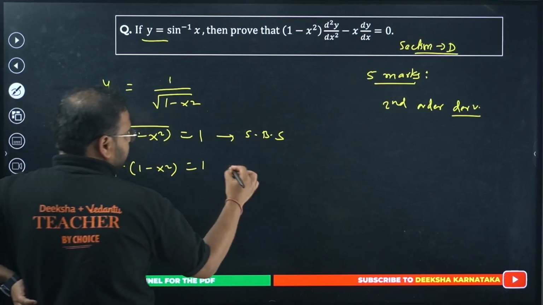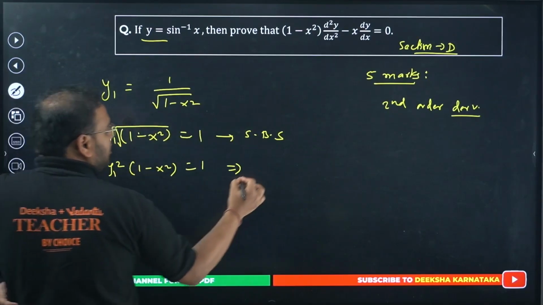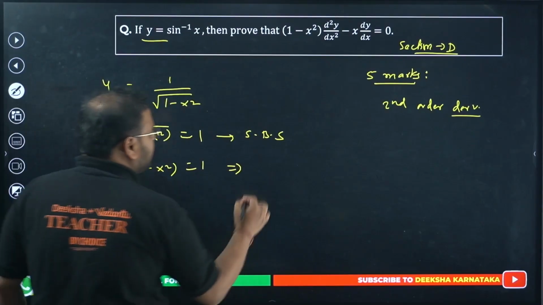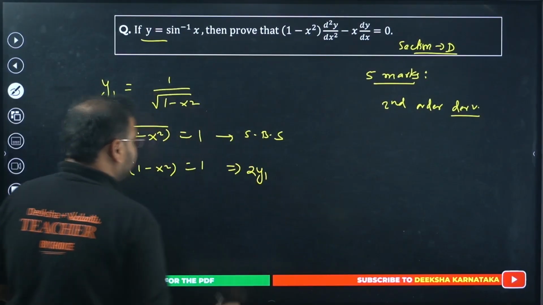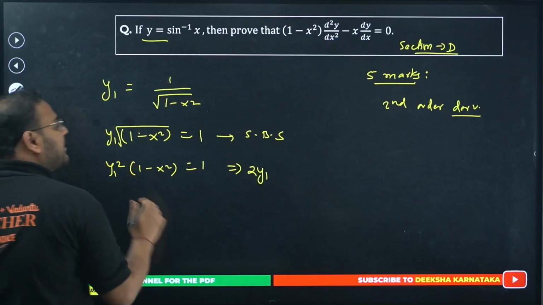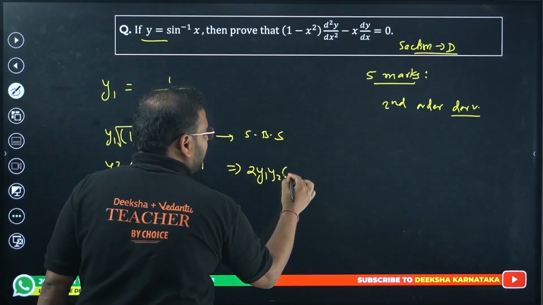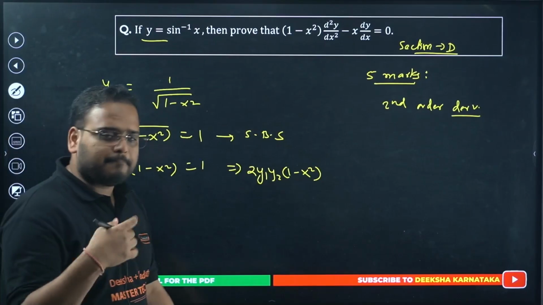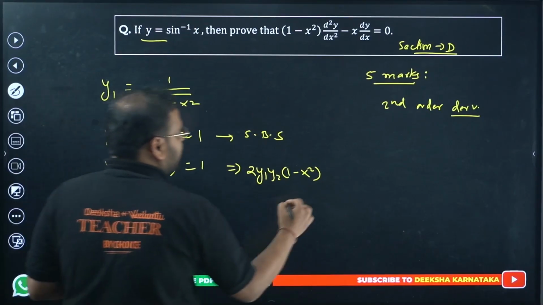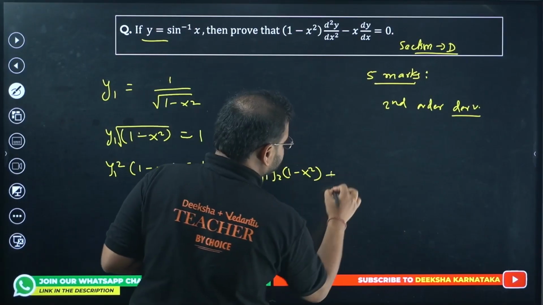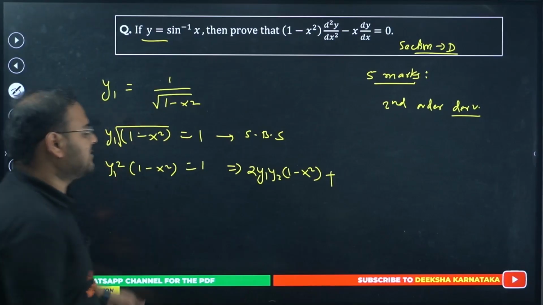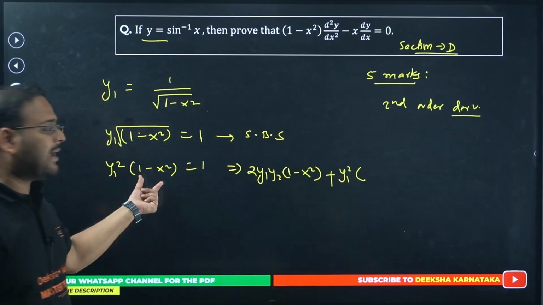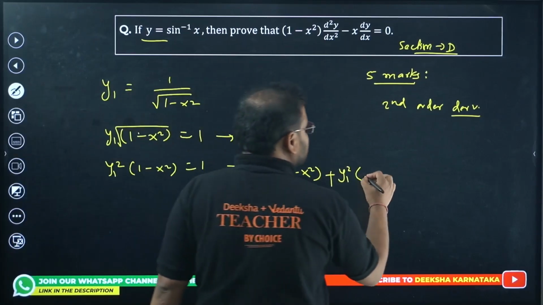When you differentiate, you're going to use the product rule. This will become 2y1 times y2 for the derivative of y1 square, and 1 minus x square is as it is because we are using the product rule. Next, a plus sign, and this time keep y1 square as it is and differentiate the bracket, which gives minus 2x.